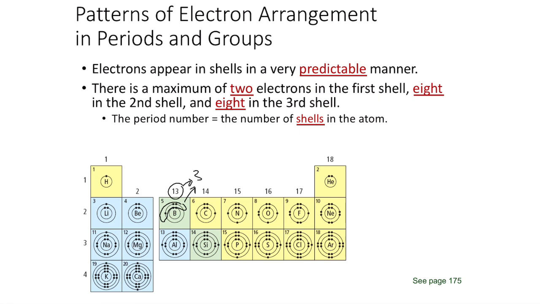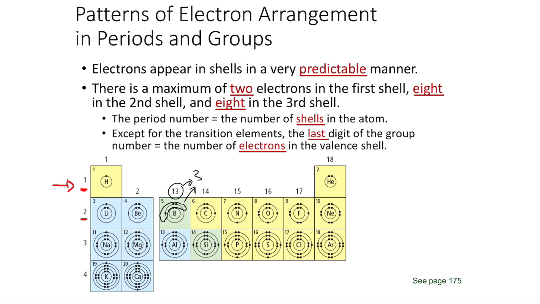The period number, which are these over here, the rows going across, is equal to the number of shells in an atom. Except for the transition elements, which you can notice are removed here, or do not show up basically after calcium, which is where they would be present.